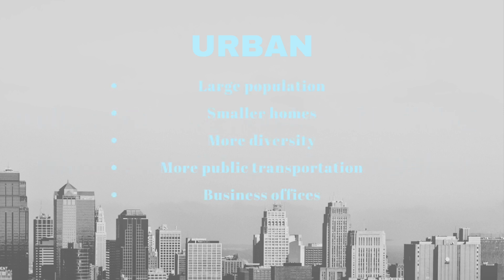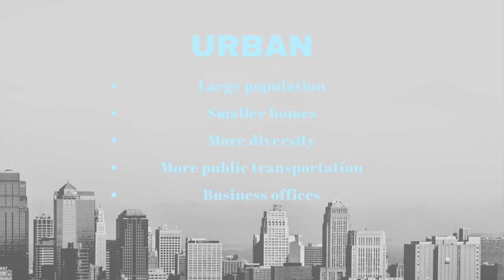Oftentimes, an urban area has a large population, meaning there are many people. Another common characteristic is the smaller homes. There's lots of small homes and apartments packed together in an urban area, like Philadelphia. Another common characteristic is that it's more diverse compared to other environments.